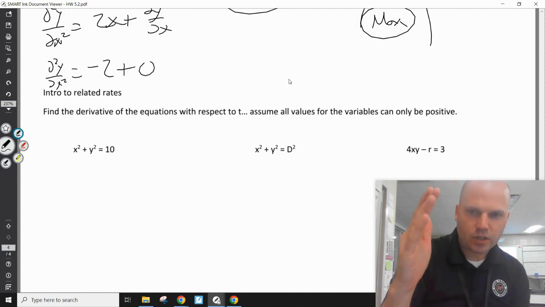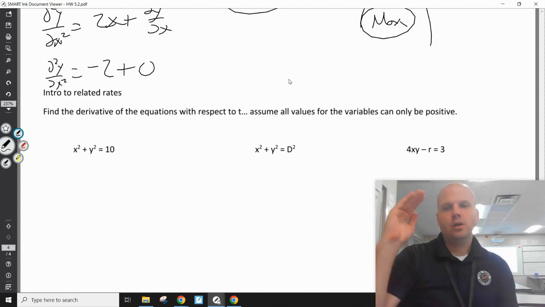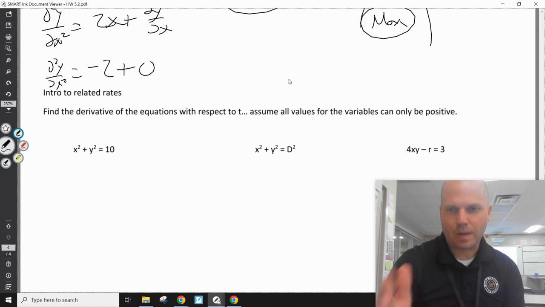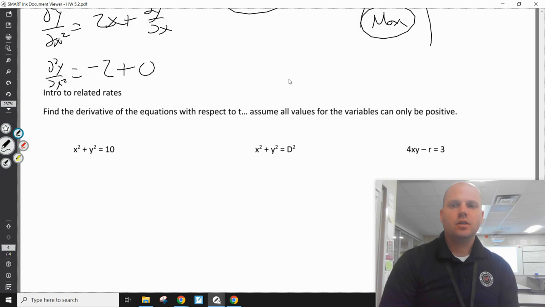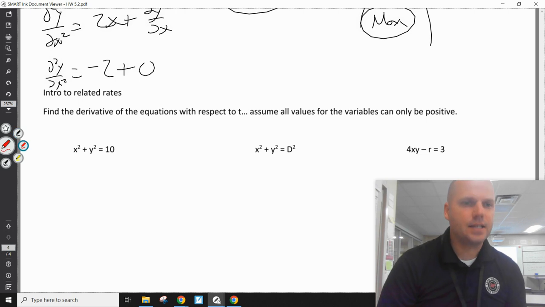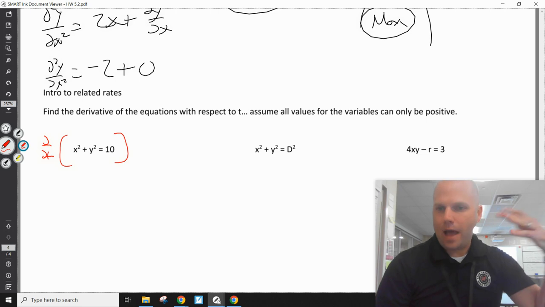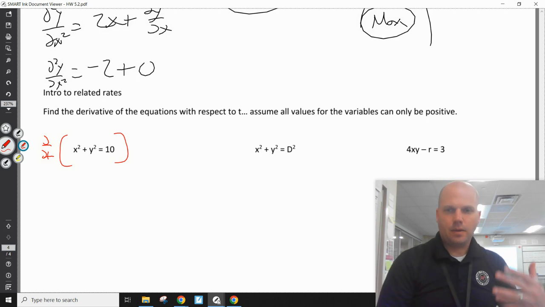How are things changing at moments in time? Not taking derivatives with respect to x to get dy dx, which is slope, change in y over change in x. Taking derivatives with respect to t to get how x is changing at a moment in time, how y is changing at a moment in time.